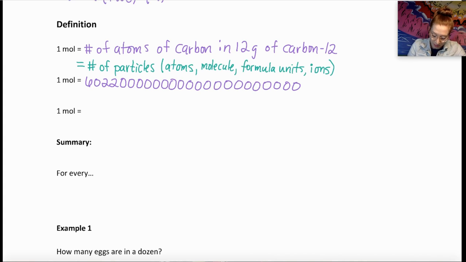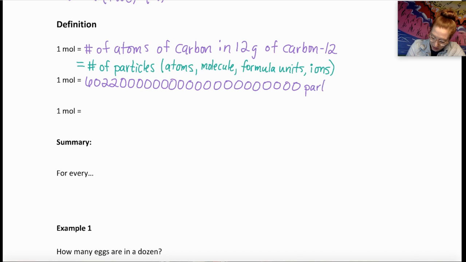So 6.022 followed by the rest of the digits. We should have a total of 24 digits here. This is our number of particles.